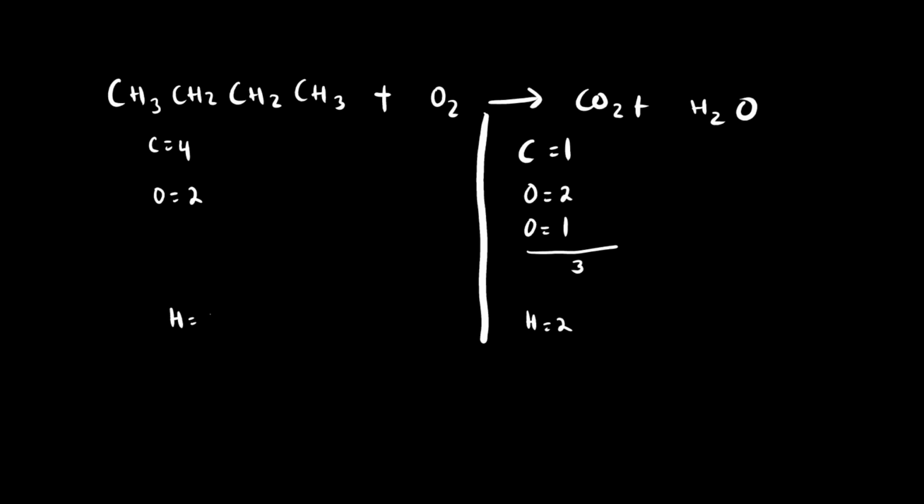That gives us a total of 10. Let's start by trying to balance out the carbons first. So on the left we have 4, and then on the right we have 1. Least common multiple of 1 and 4 is 4. So let's make the coefficient in front of carbon dioxide to be 4.